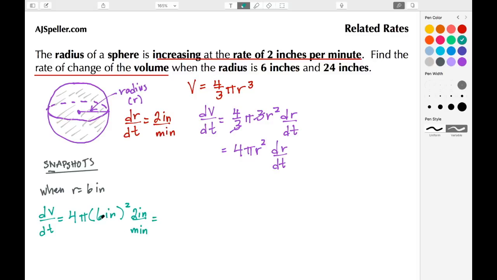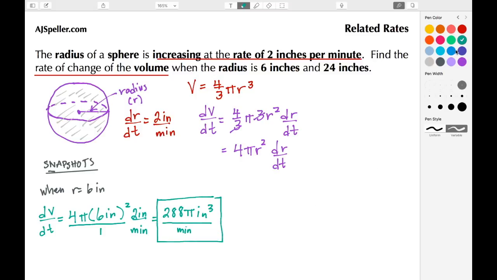Well, we have 6 squared times 4 times 2. That's going to turn out to be 288. We have a factor of pi, so we multiply that here. And then we have inches squared times inches, which is inches cubed. It's understood that everything here is over 1, so we have 1 times minutes to just give us minutes. So we see that when the radius is 6, the volume is changing at a rate of 288 pi inches cubed per minute.